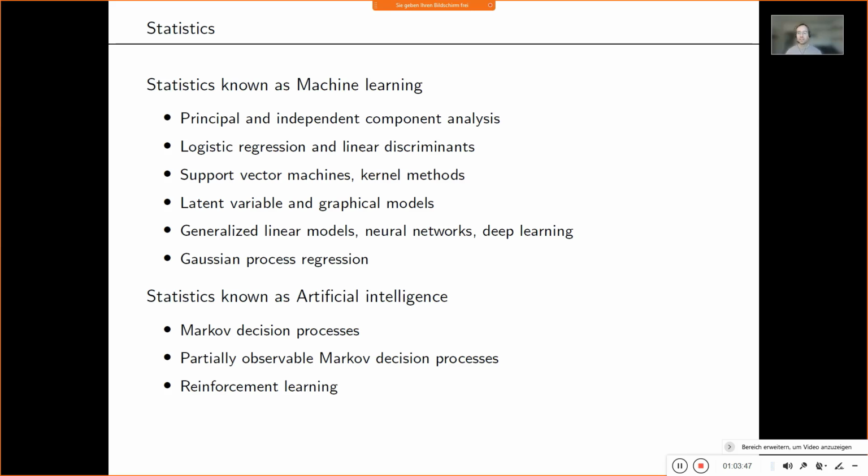From my perspective, typical topics in machine learning are principal and independent component analysis, logistic regression, linear discriminants, support vector machines, kernel methods, and then graphical models and latent variable models, although they are also fairly strong in statistics. If you think of factor analysis, for example, generalized linear models, neural networks, deep learning, and Gaussian process regression. These are things that run under the label machine learning.